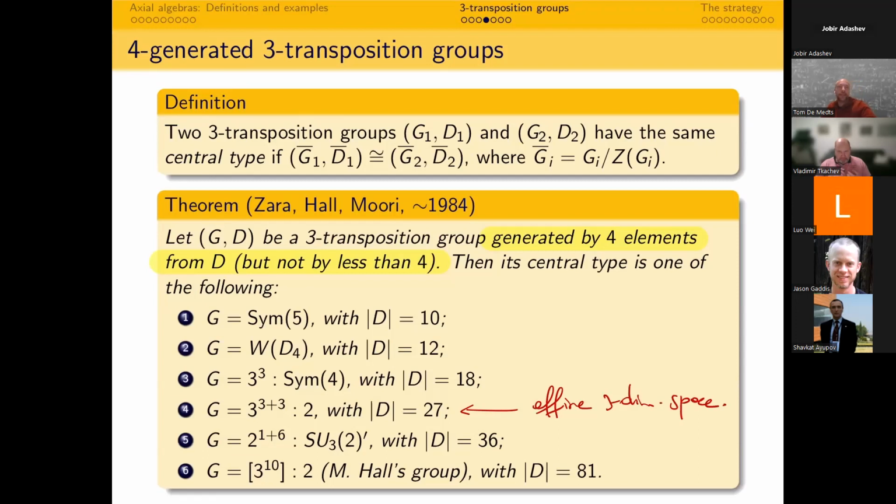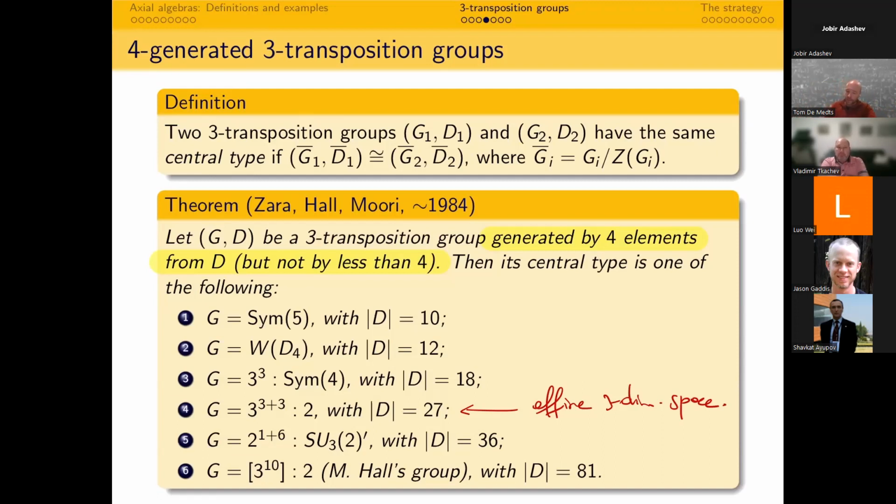And then you get more complicated examples that are not so easy to define, like in a few minutes. Namely 2 to the 1 plus 6 extended by SU3(2) prime. And then a very nice example, I think, which is already a very, very large group, of order 3 to the 10 times 2, which is Marshall Hall's group, but which still has a very modest generating set consisting of 81 elements. The size of D is 81.